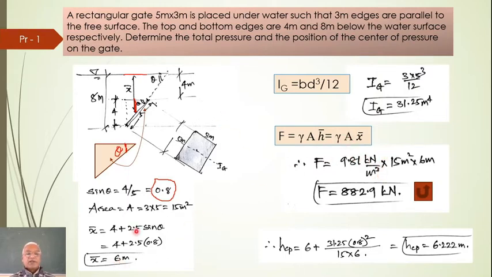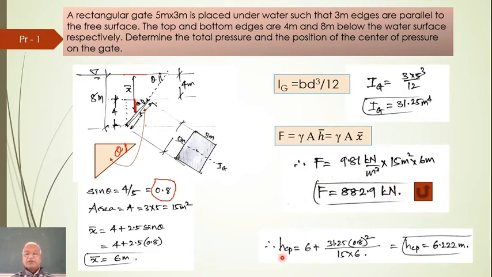Area is 15 meters square. H bar or x bar is 6 meters. If you just look at all this, it works out to be 882.9 kilonewton. That is what the total force is, right? Total pressure is.